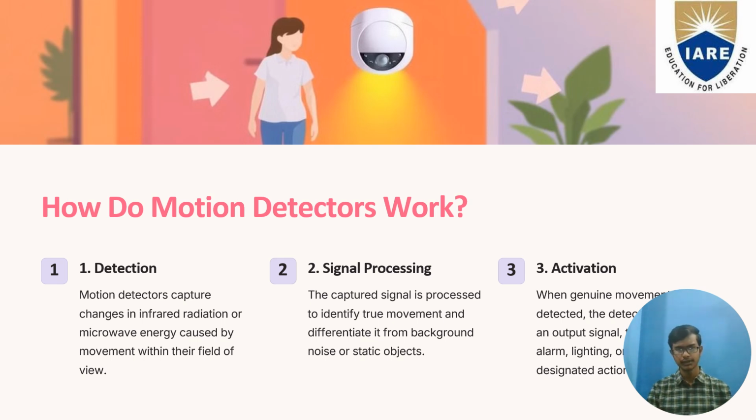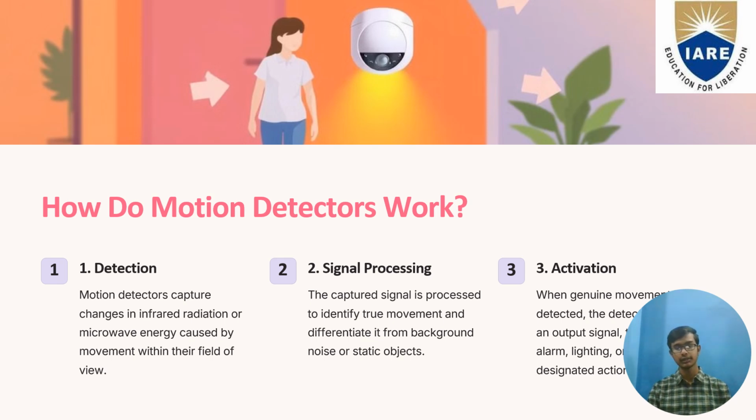The second step is signal processing. Any captured signal is processed to identify true movement and differentiate it from background noise or static objects which don't move.